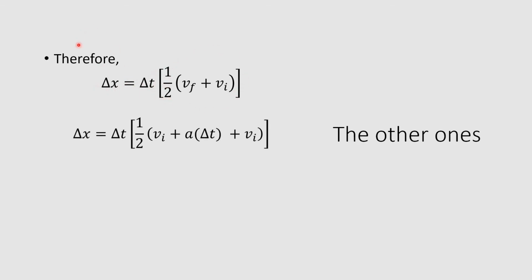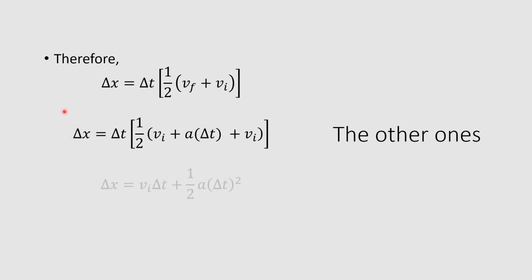Well, we know that delta x is a function of time and this average velocity. And we know that Vf is equal to Vi plus At. So you can substitute for Vf right here, and you've got this equation.